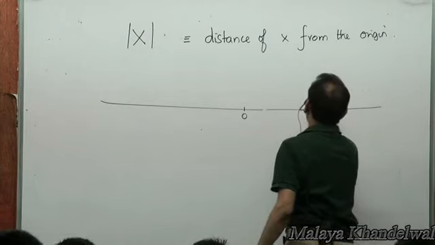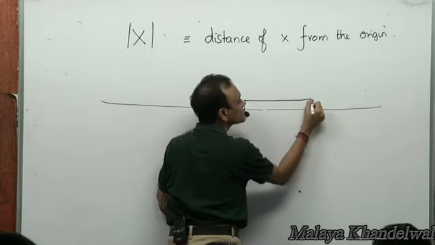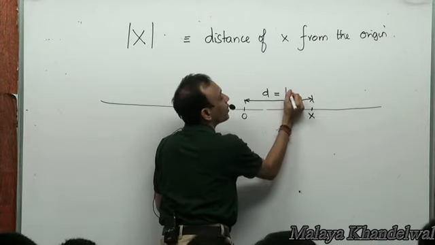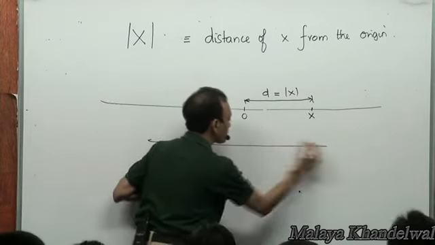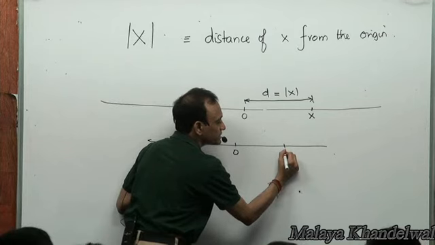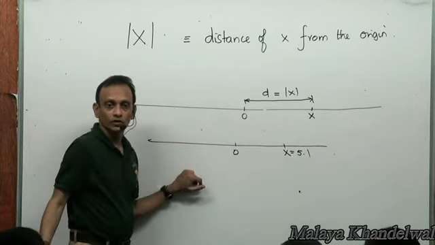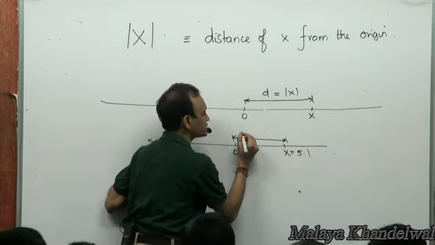If x is located here, then distance of x from the origin is this. And this distance d is mod x, right? Say this is the origin. And I have a number which is, say, x equal to 5.1. Then what is the distance of x from the origin? 5.1 units, right?